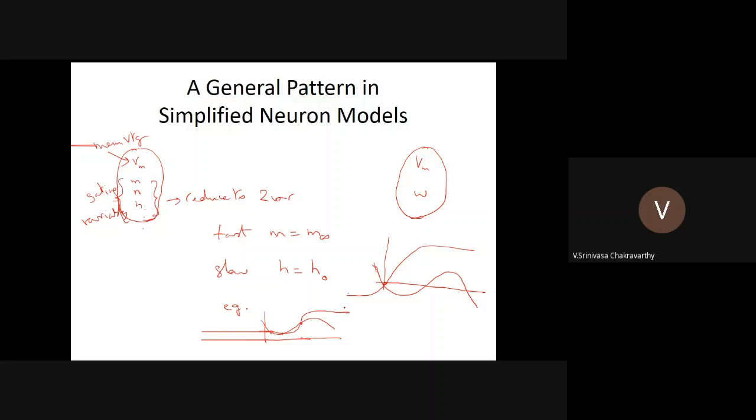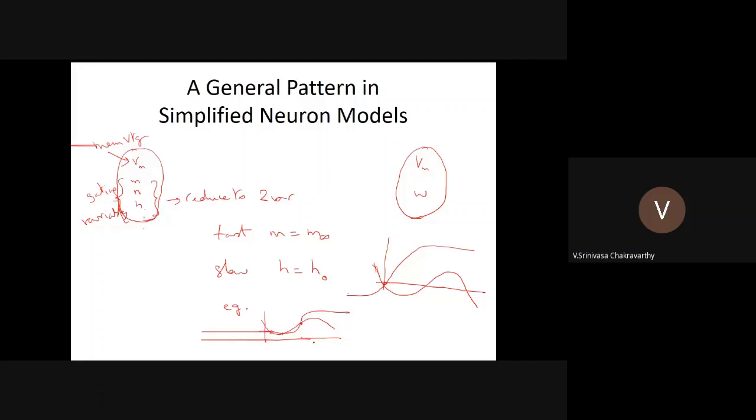You can exhibit a lot of the behaviors that you see in real neurons, even with simple two-variable models. That is something we learned with these three examples, and these ideas are very well explained in Izhikevich's textbook. If you have time, take a look at that.